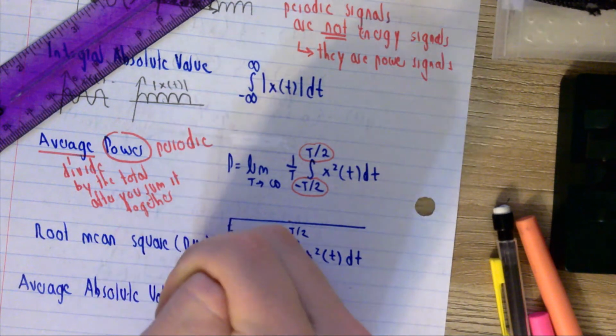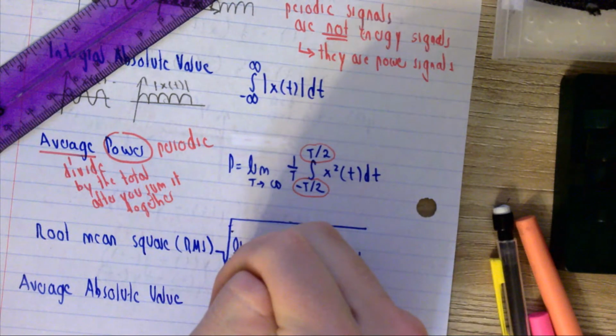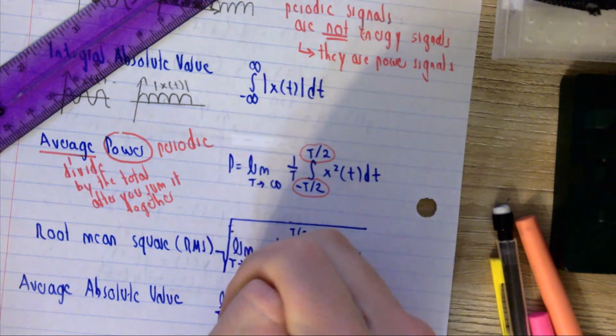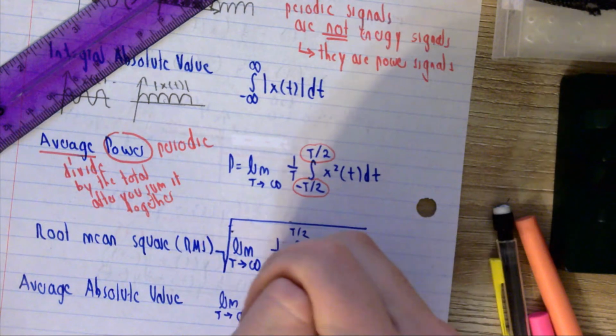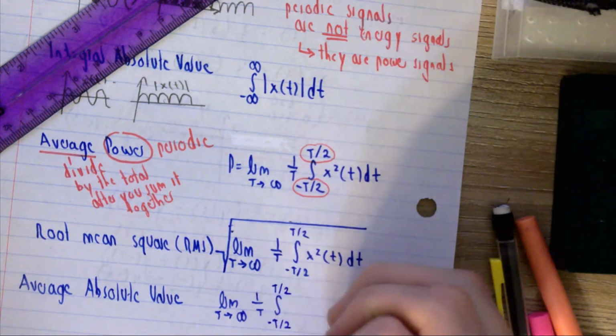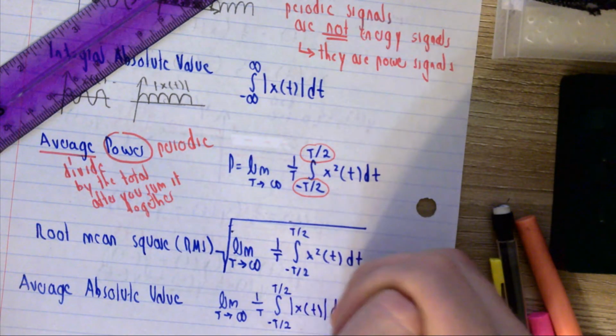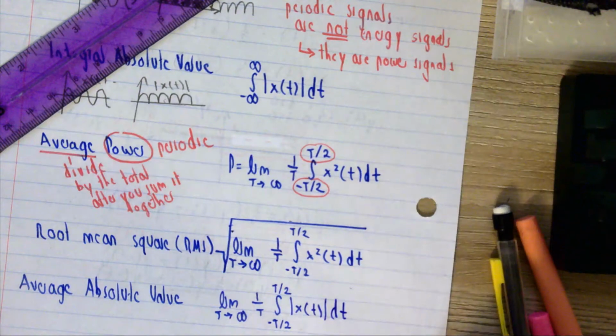Average absolute value is basically the limit as t goes to infinity of 1 over t, integral from negative t over 2 to t over 2, of the absolute value of x of t, dt. So this takes the average, and this is the absolute value.